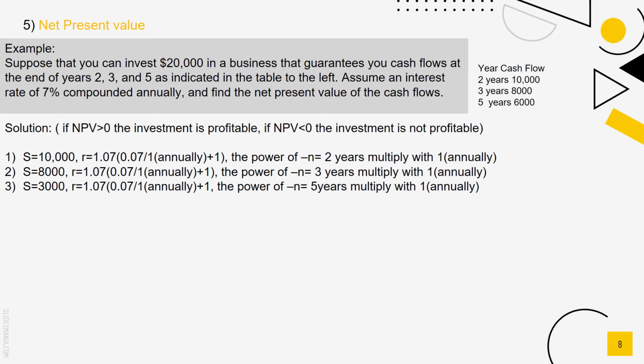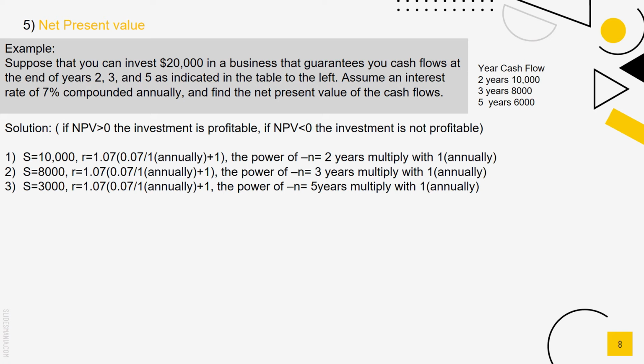If the net present value is less than zero, the investment is not profitable. To find the net present value, we always use the same formula to find the present value, P equals S(1 + R) to the negative power of n.